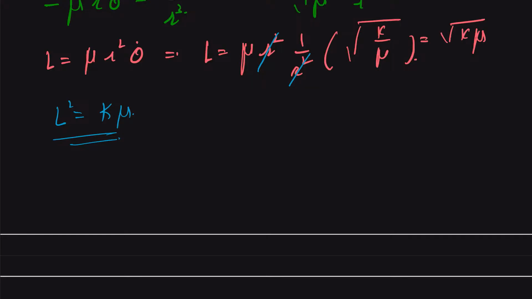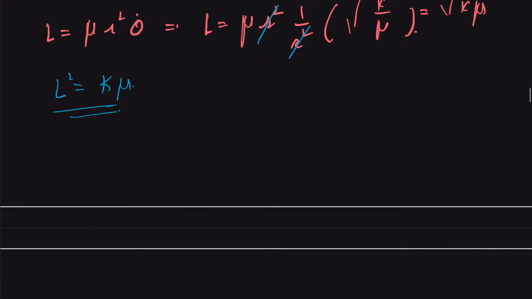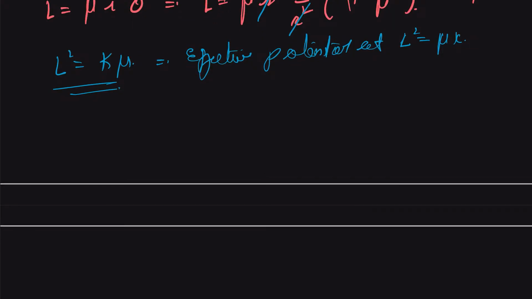Okay. Now let us find out what our effective potential will be at L square equal to mu k. The effective potential at L square equal to mu k will give us L square upon 2 mu r square.